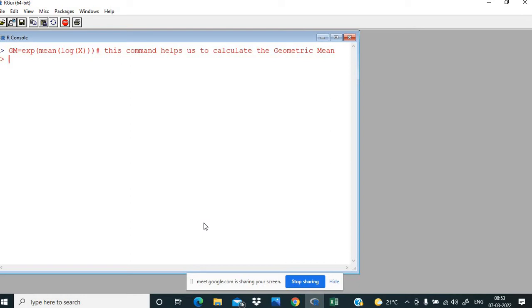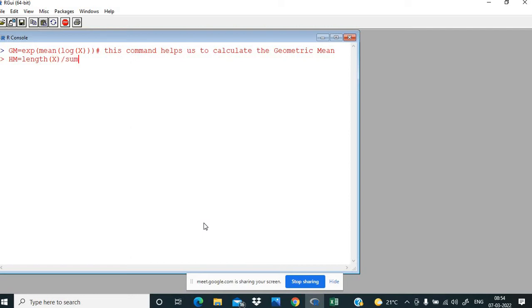So harmonic mean, we may write hm. This is equal to n into summation of reciprocal. So it is equal to length of x. So this will give the n divided by summation 1 by x.